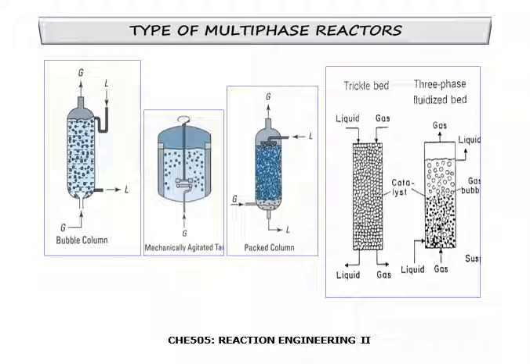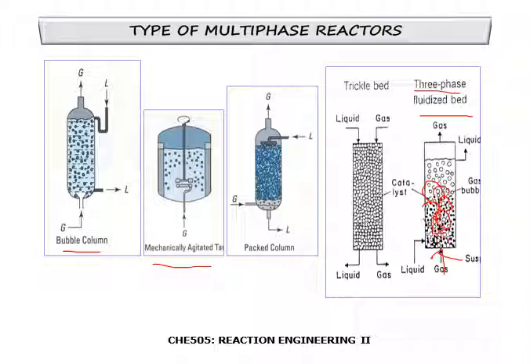Here is another example of bubble column multiphase reactors: the bubble column, mechanically agitated tank, the packed column, and the trickle bed, whether in co-current flow or counter current flow, and the three-phase fluidized bed, meaning that the gas going inside makes the solid inside fluidized, which promotes mixing.